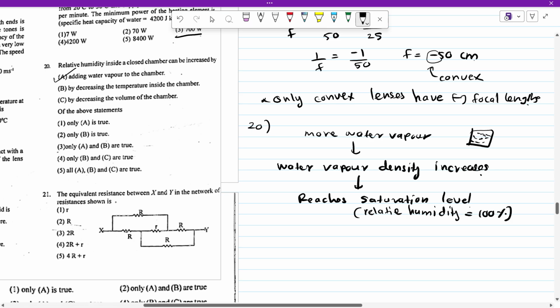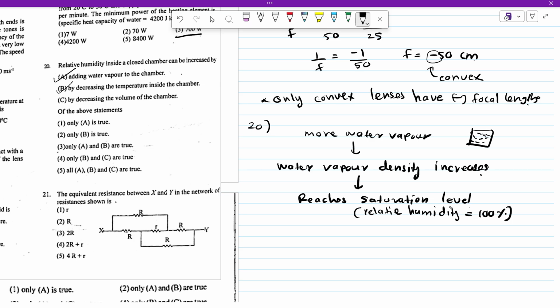The amount of water vapor required to saturate at low temperatures is low. Therefore, as temperature decreases, it gradually becomes saturated. B is correct. The more you decrease the temperature, the relative humidity inside the closed chamber increases gradually, right?